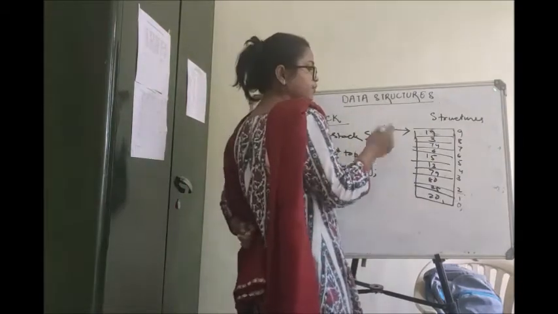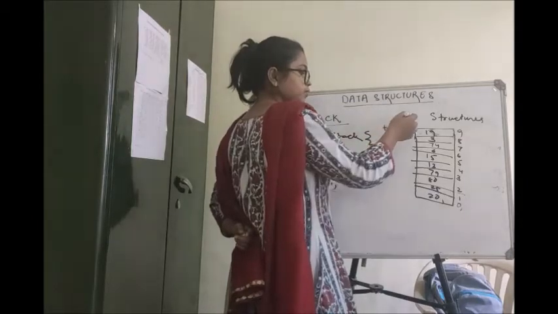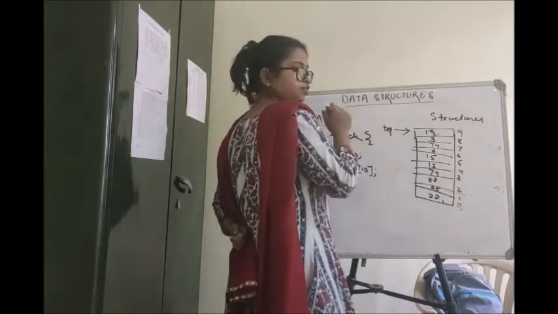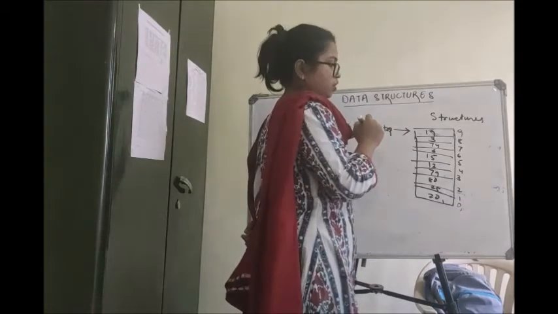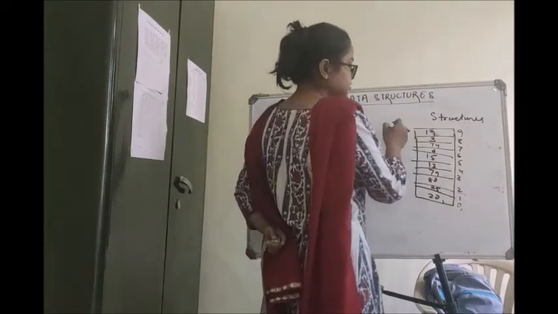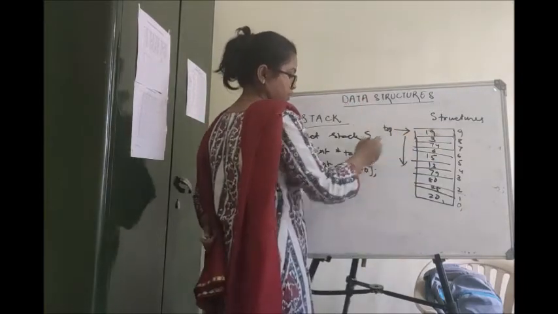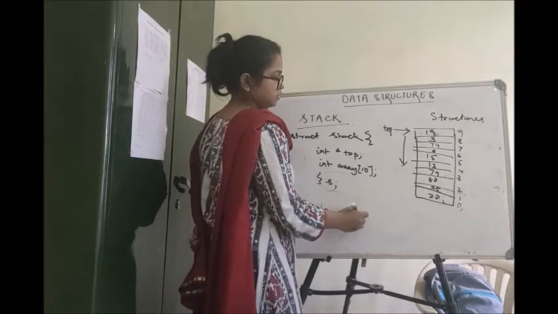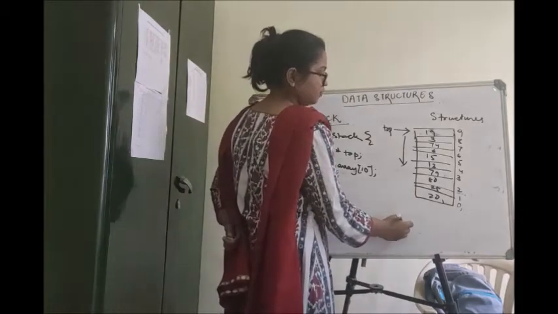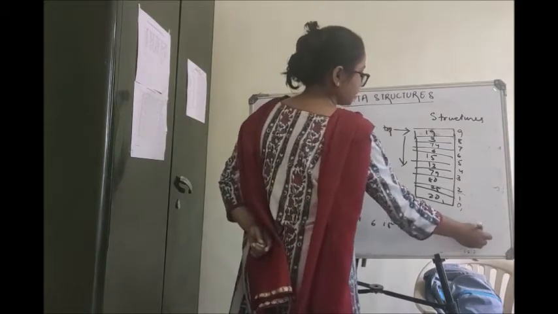Then suppose I want to retrieve and print all the elements. What do we have to do? We have to simply access the top element and print it. So first we have to go this way. We will retrieve 19. Then we will retrieve 3, then 74, 6, 15, 13, 79, 80, 25, 20.